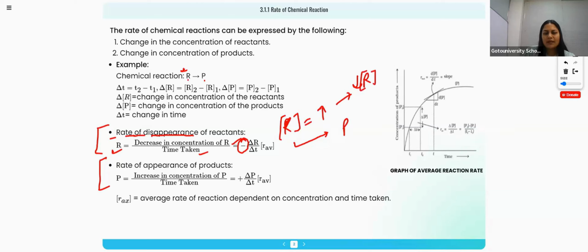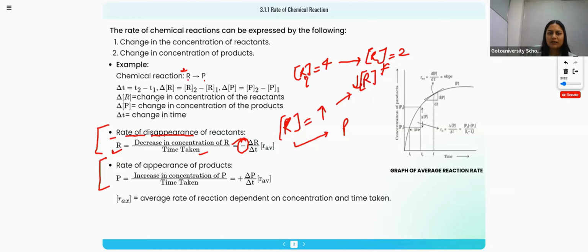Say the initial concentration of reactant was 4, and as the reaction forms a product, the final concentration decreases to 2. How do you calculate how much reactant is consumed?